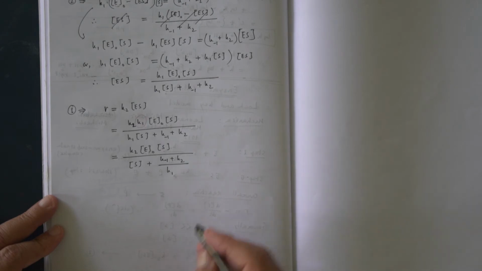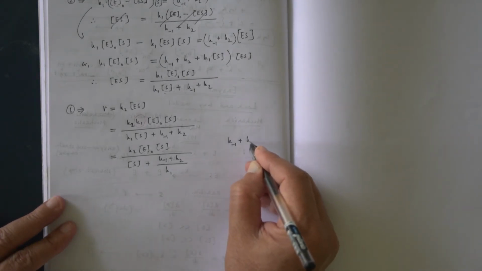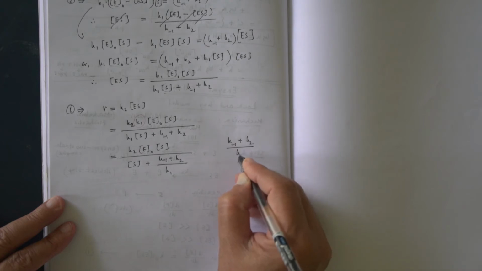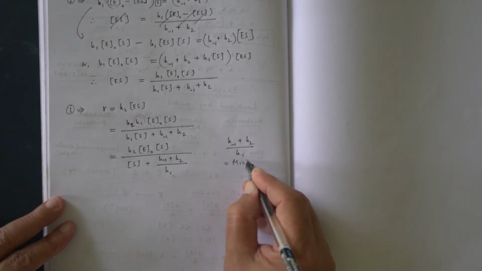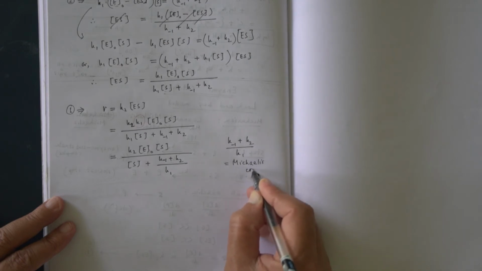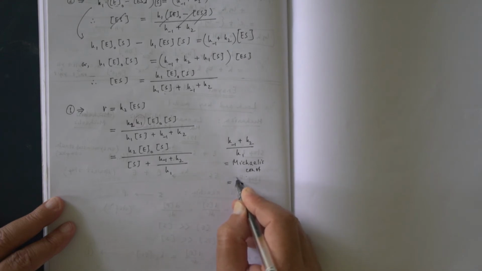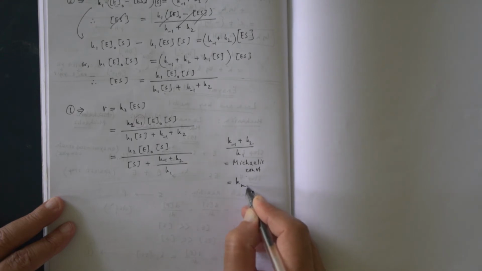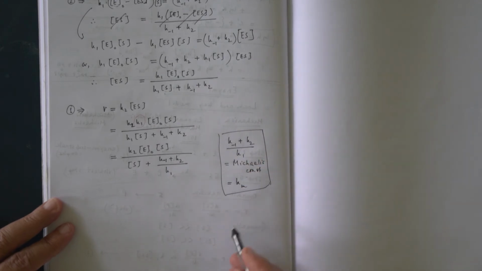Now this thing, (k minus 1 plus k2) divided by k1, is called the Michaelis constant, and it will be represented as Km. Okay.